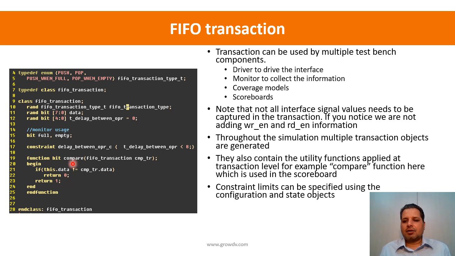That is, we are creating a high level transaction that can be driven on a signal level interface. The driver has to do the job of driving the interface, and it has to follow that protocol. So not all values that are driven out on the signal level need to be passed through the transaction type of object. That is a point that we need to keep in mind.